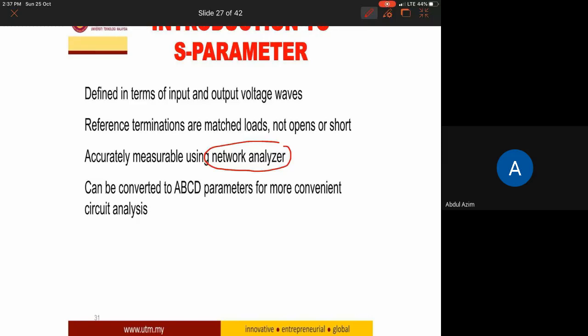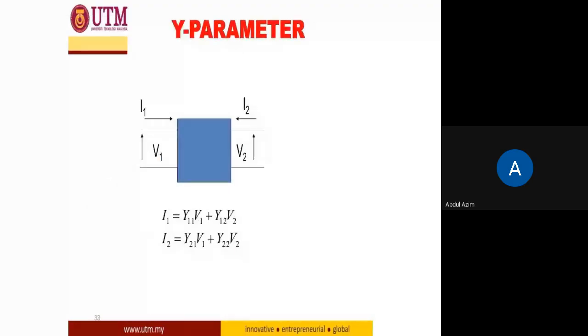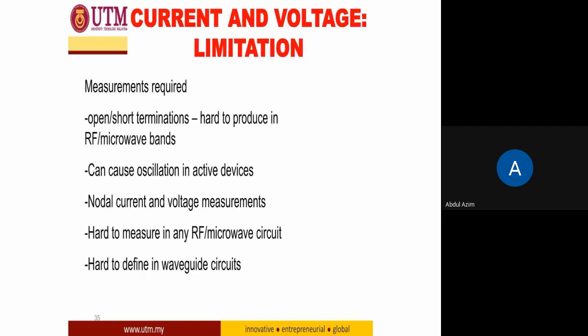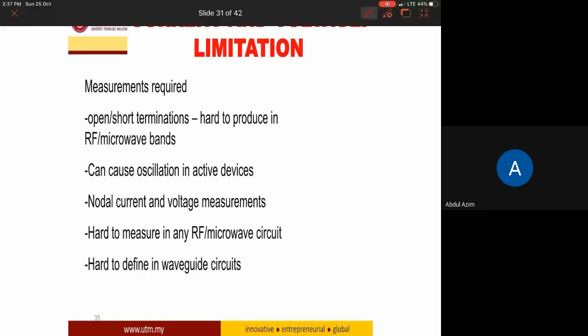Besides the S parameter, you have many other ways to analyze the network. You can use ABCD, Z parameter, Y parameter. So these are the parameters that can be used to analyze the network. This is the limitation of current and voltage analysis. Why don't we use the voltage and current?